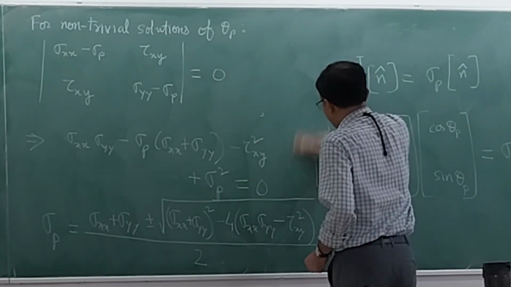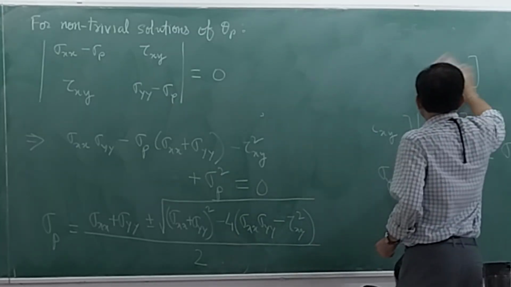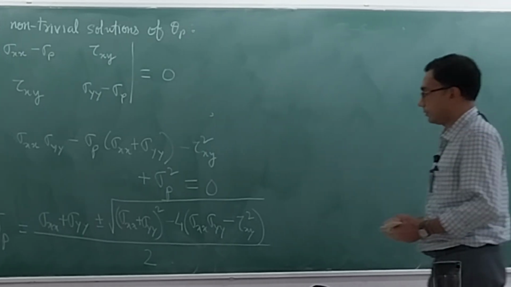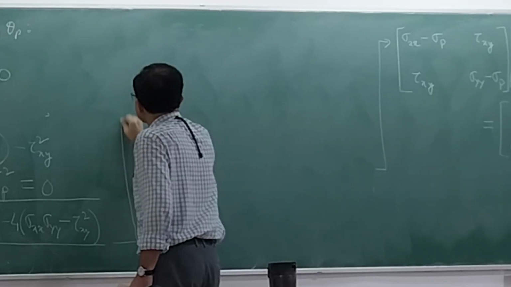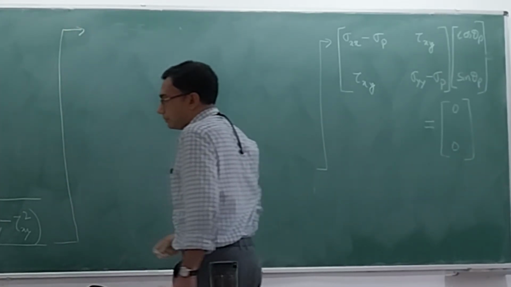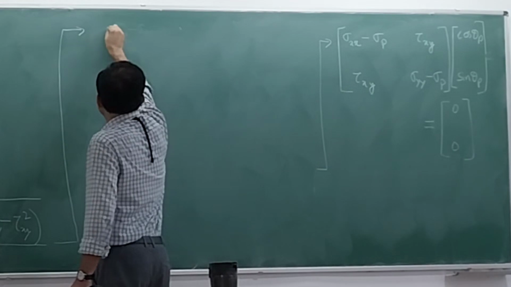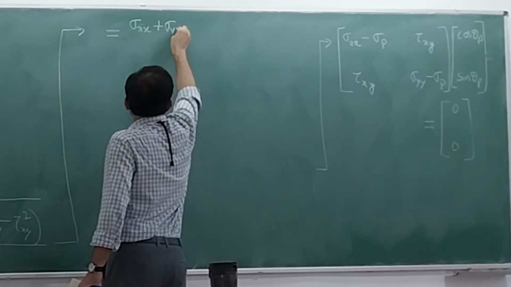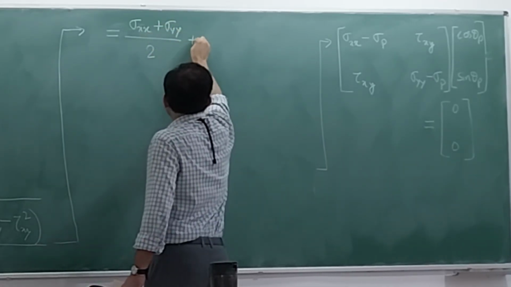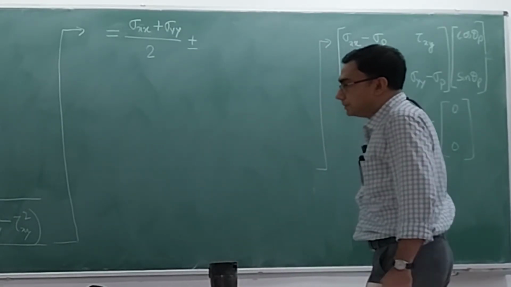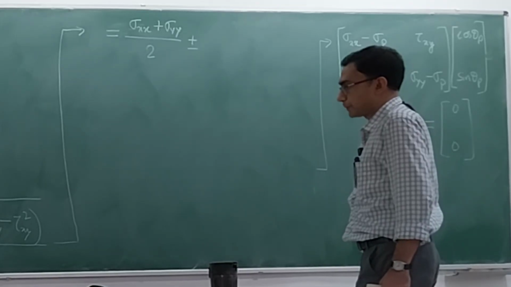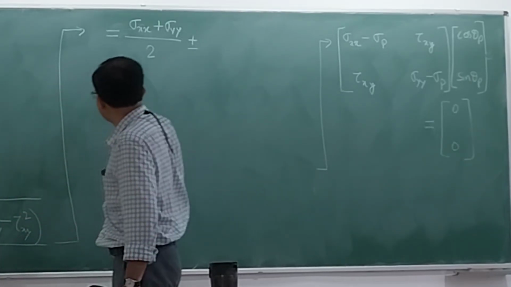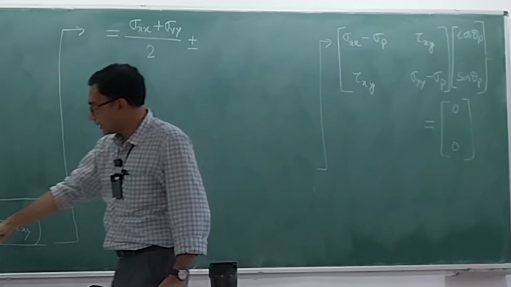So if we have all of these things, I want to write this part separately, which I've already done, and I want to write this thing separately.